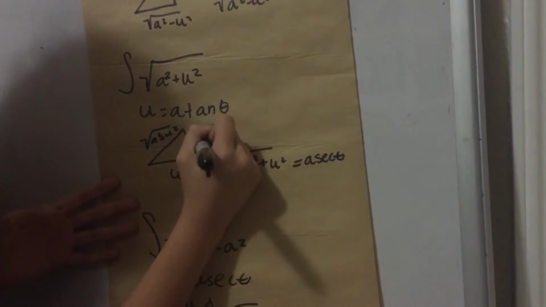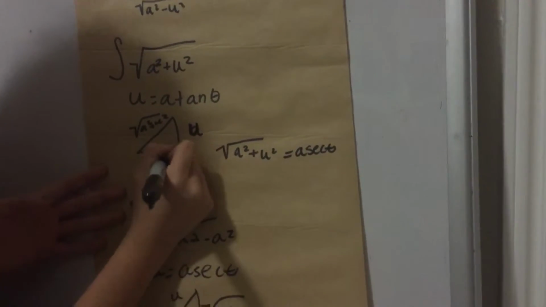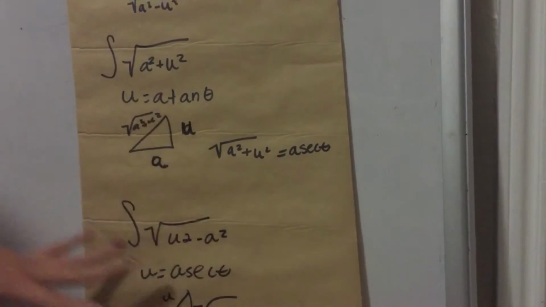My bad, this is u right here, and this is a. So u equals a secant theta.